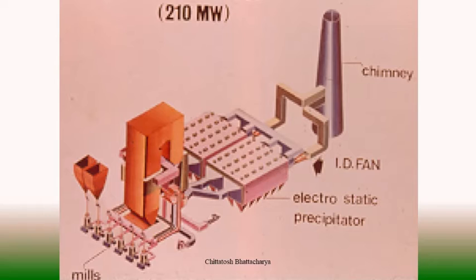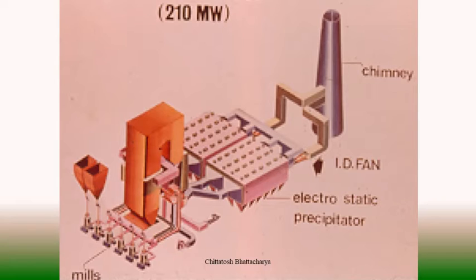However, the ID fans are drawing the flue gas. Naturally, they are maintaining the entire draft within the furnace as well as at the back end of the boiler. So naturally, flue gas velocity is dependent on the ID fan created draft, and as you know, this flue gas velocity determines how much heat will be absorbed in various heat traps.